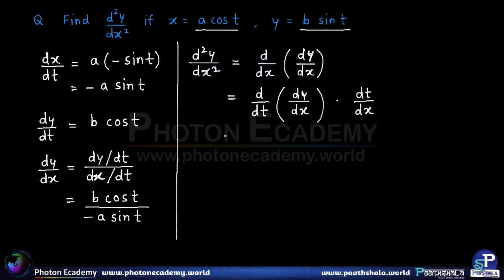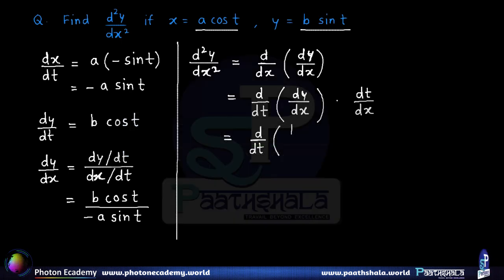So therefore that turns out to be d by dt of, now dy by dx we have already found out, that is equal to b cos t divided by minus a sin t.